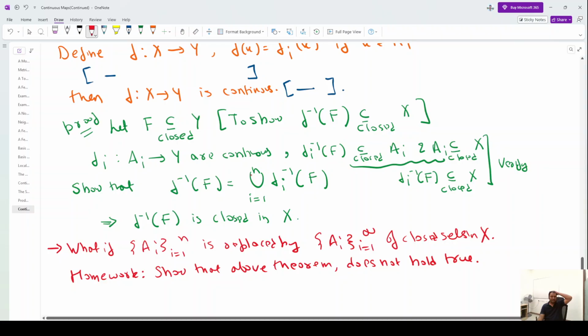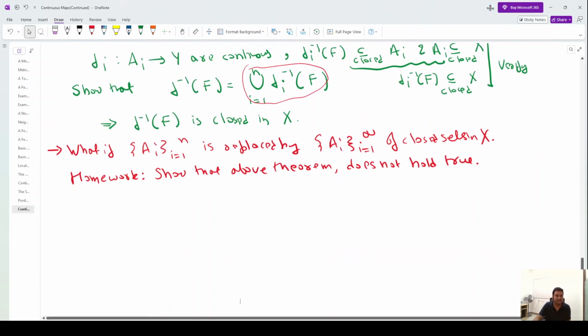If there is an infinite union here, then an infinite union of closed sets need not be closed, right? So that will probably be the problem. I think let me leave it as an exercise, why the above theorem doesn't hold.